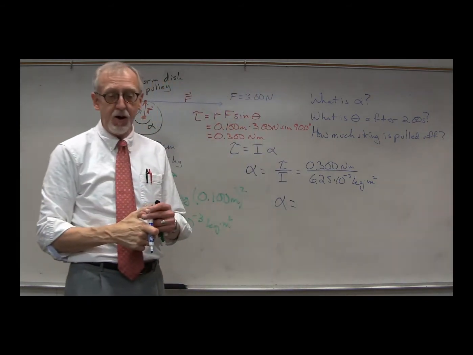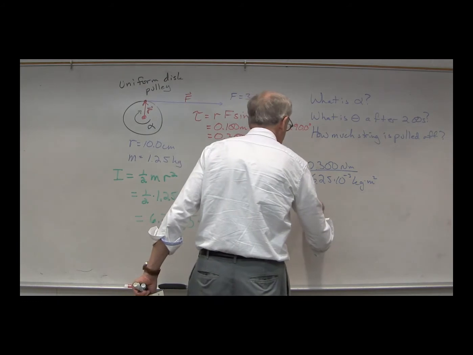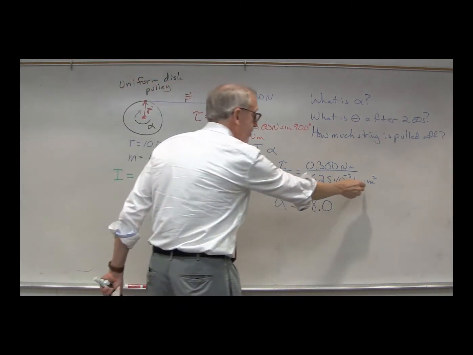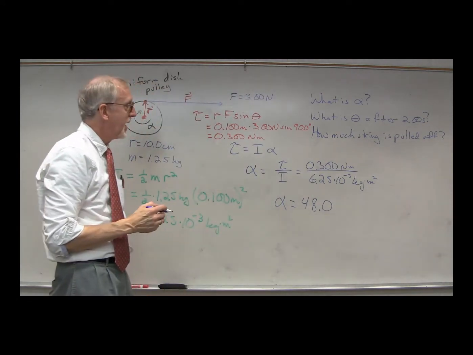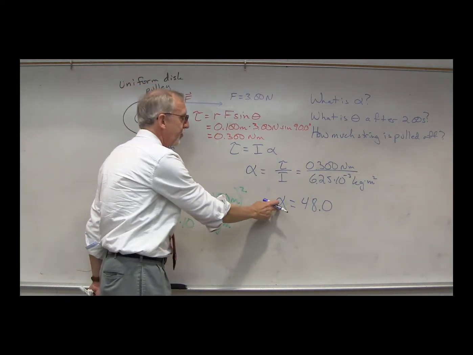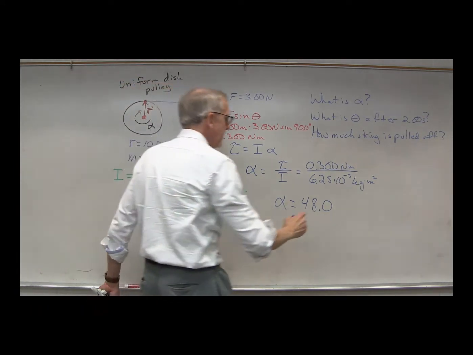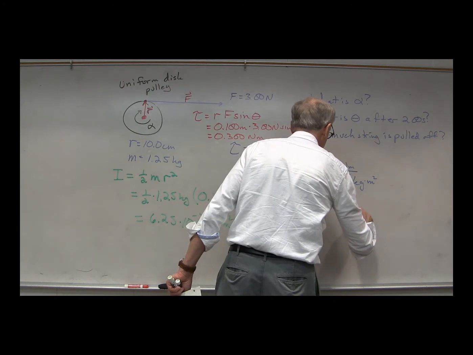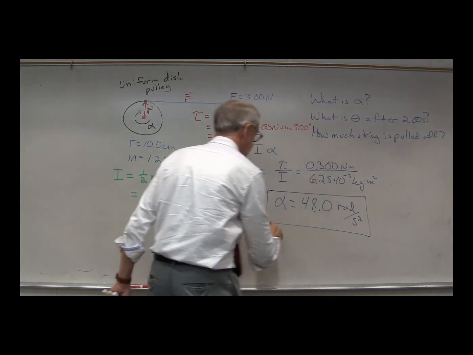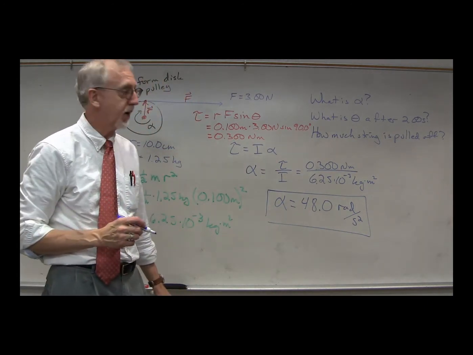We divide that out, and we get 48.0. Work through these units, and what you'll get is inverse seconds squared. But remember, for an alpha, we're going to put that little unit of a radian in there, so that is radians per second squared. And there we go. There is alpha, 48 radians per second squared.